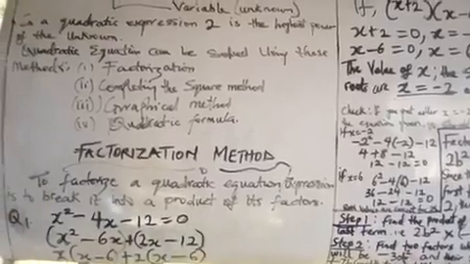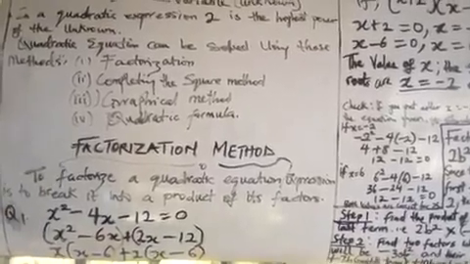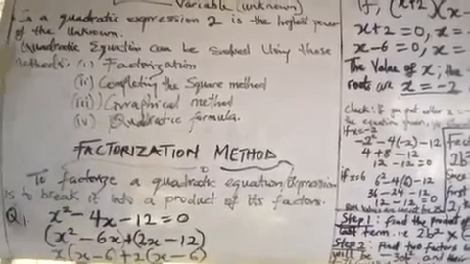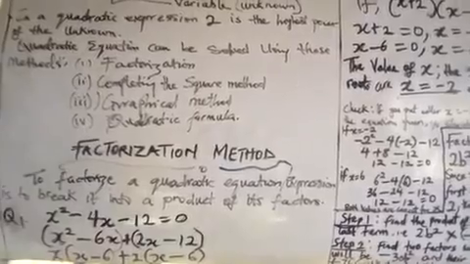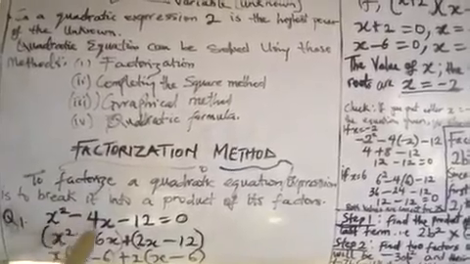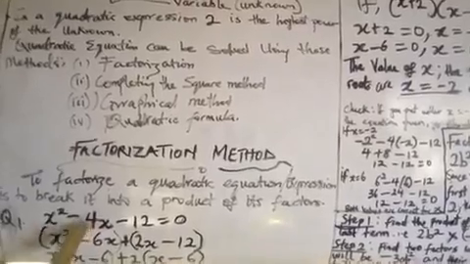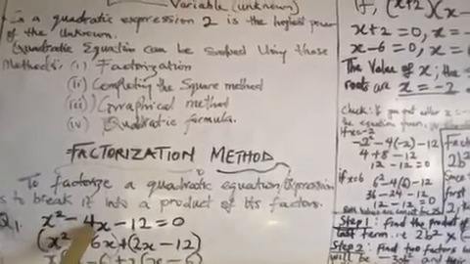The first thing for you to do is to consider the middle term here, which is minus 4x.